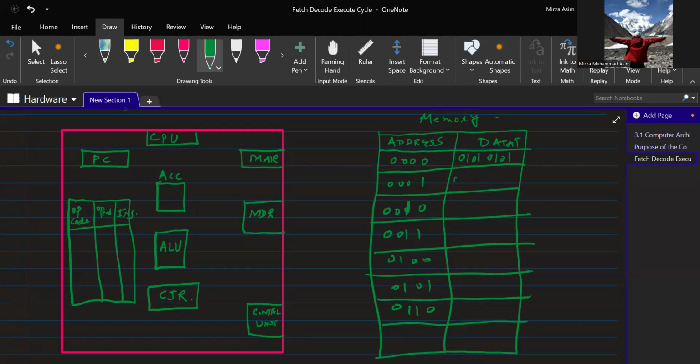So we have 00010100. Then we have 0011. It's random data, right? It cannot be duplicated. 1001010, and 0000 and 0001, and let me make it 11.